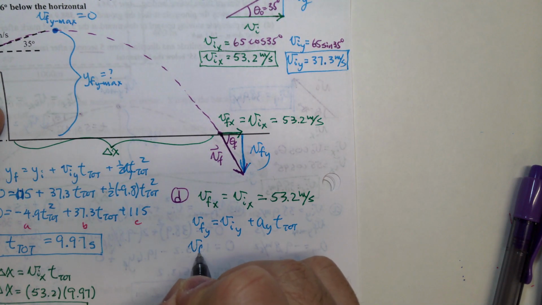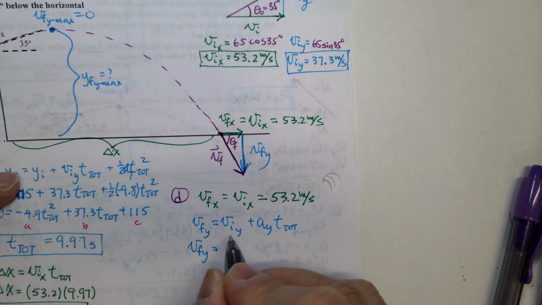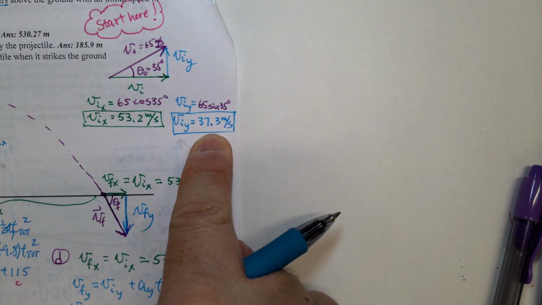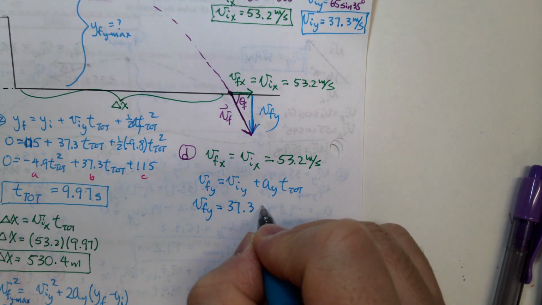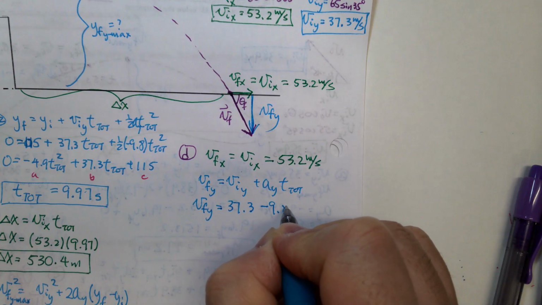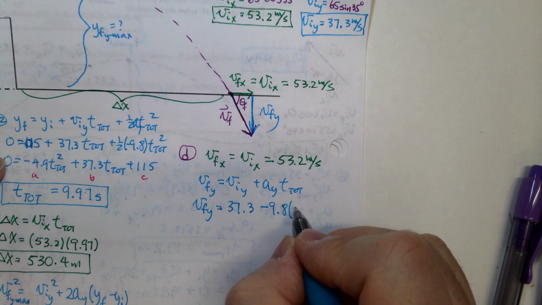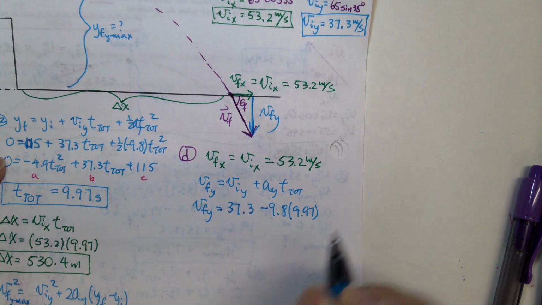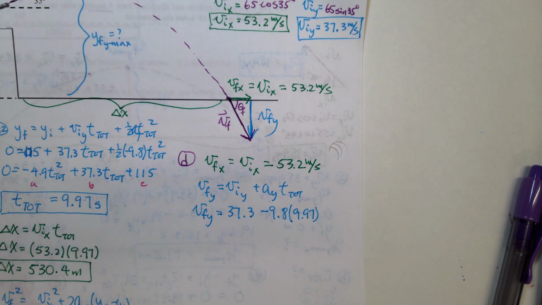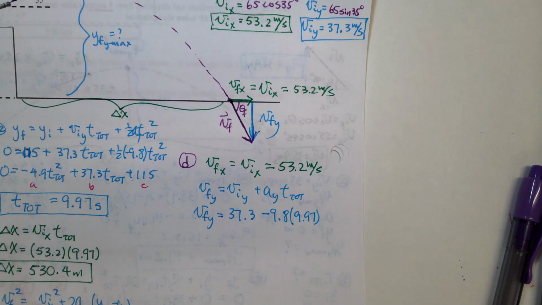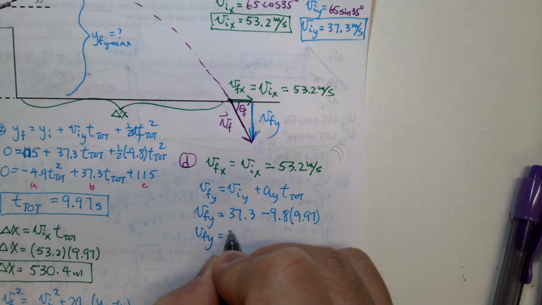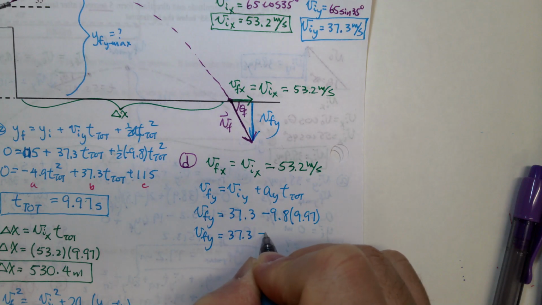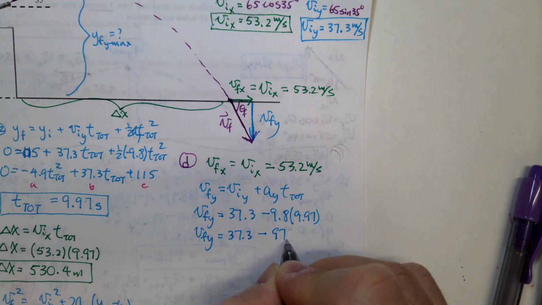So my VFY is equal to, initial velocity in y is 37.3, so 37.3, right, minus 9.8 times 9.97 seconds. So if you work that out, okay, you're going to get my VFY is equal to 37.3 minus 97.7.